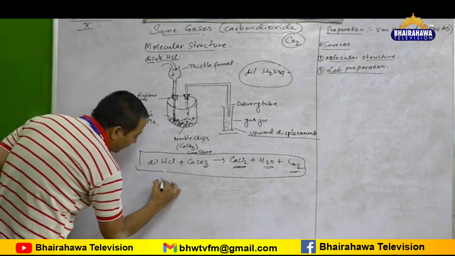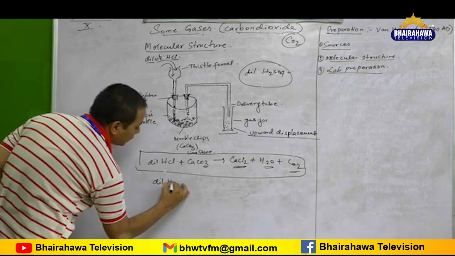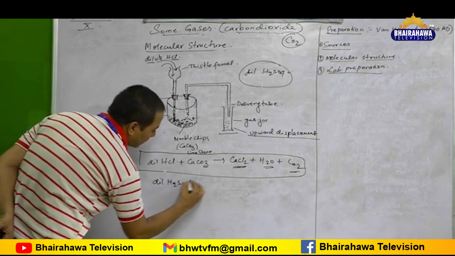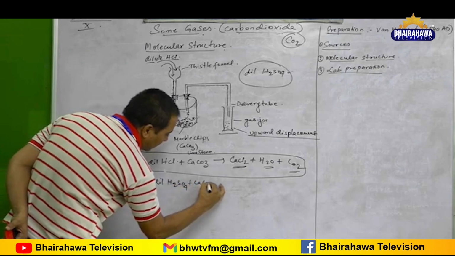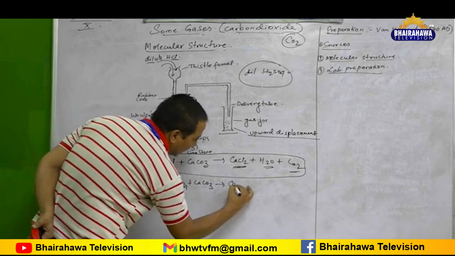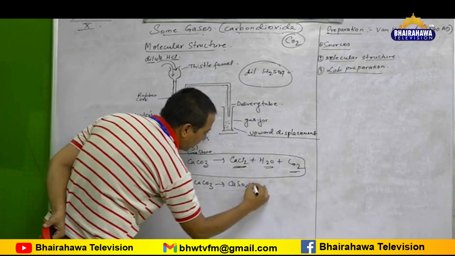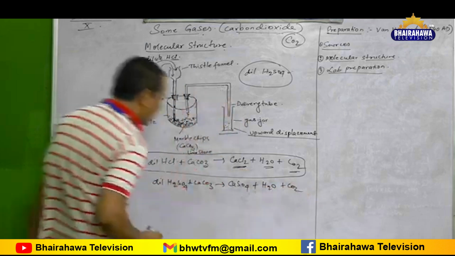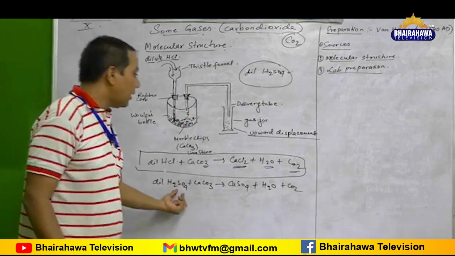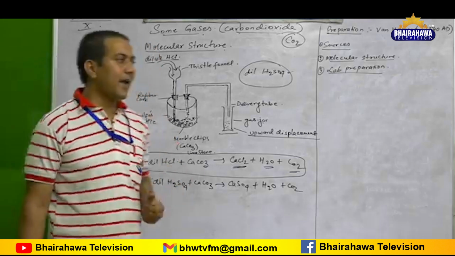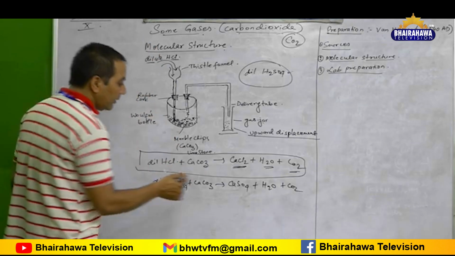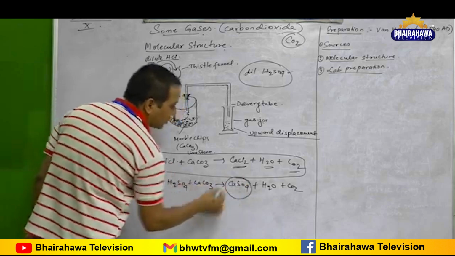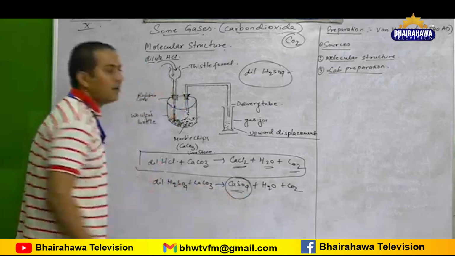If we put dilute H2SO4 with CaCO3, then what happens? CaSO4 plus H2O plus CO2 is formed, although it is formed. But after a certain time, what happens? This CaSO4 is an insoluble salt.